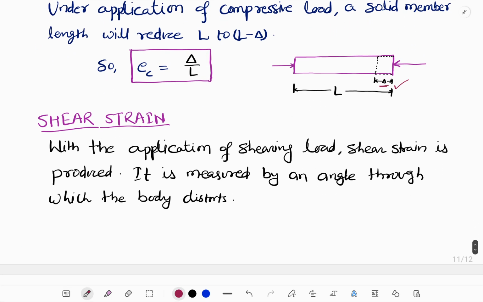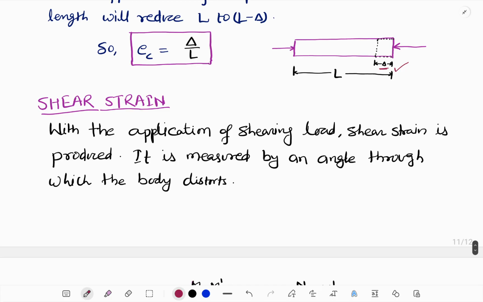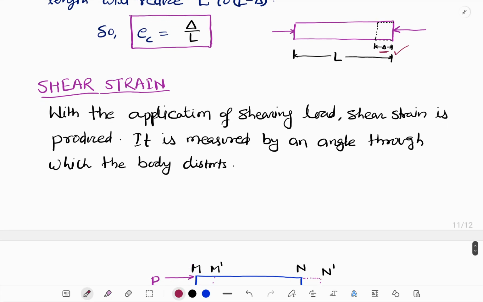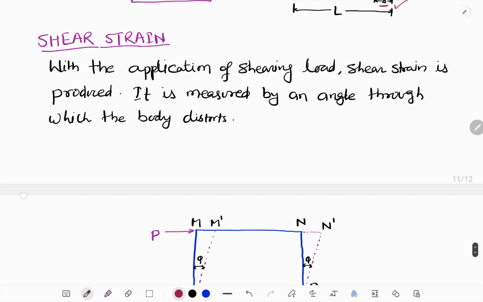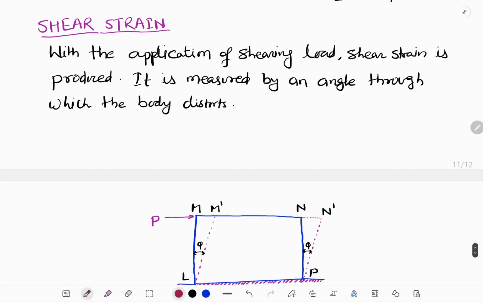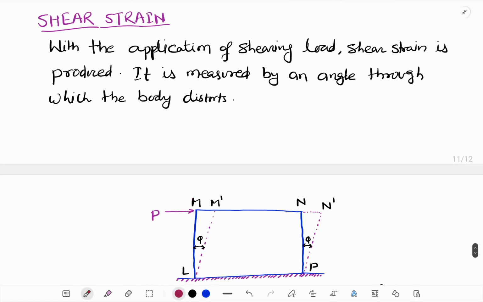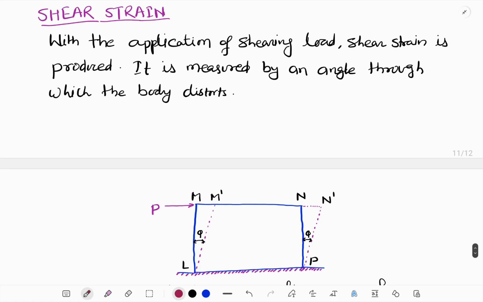Next we will see the shear strain. How do we define the shear strain? With the application of a shearing load, consider a rectangular block. The bottom is fixed, and at the top left corner a force is applied in the longitudinal direction.